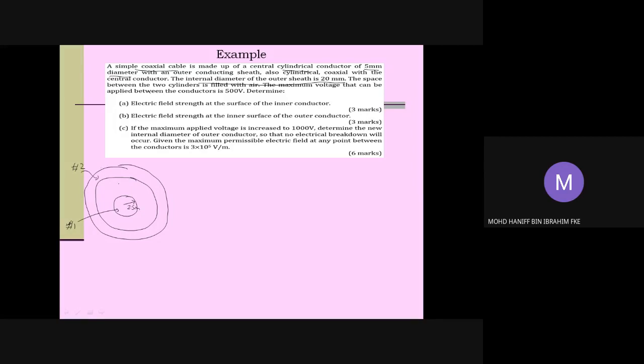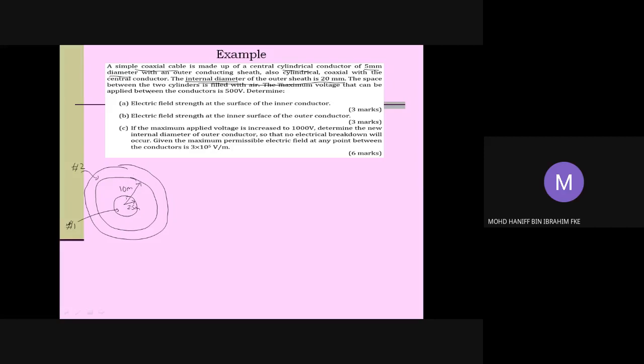Before that, let us proceed with labeling the radius for the outer sheet. Number 2 is the outer sheet. Given that the internal diameter is 20 mm, the internal radius is equal to 10 millimeters.